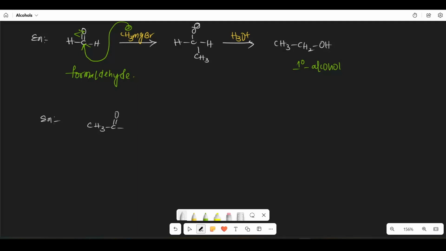Now take an aldehyde. From this we will get secondary alcohols. Let's see how. This is a very simple mechanism.